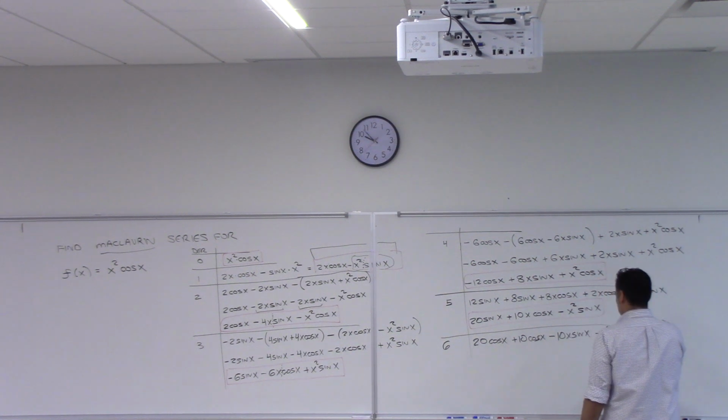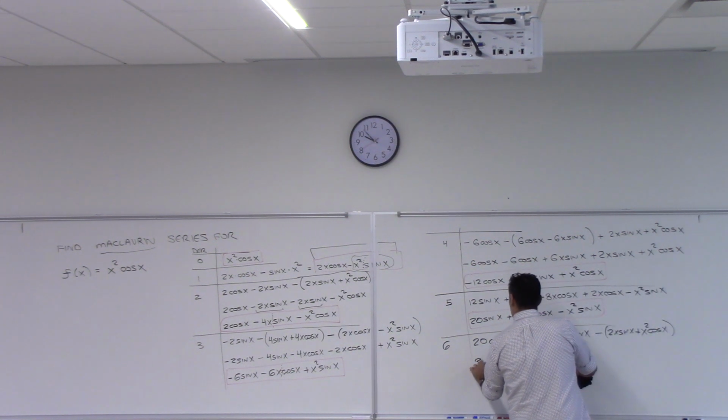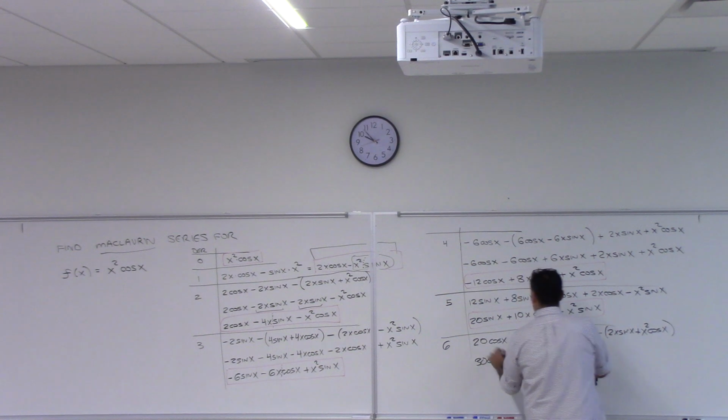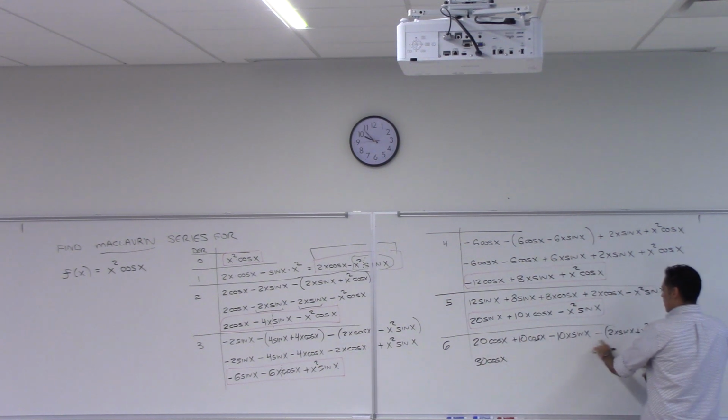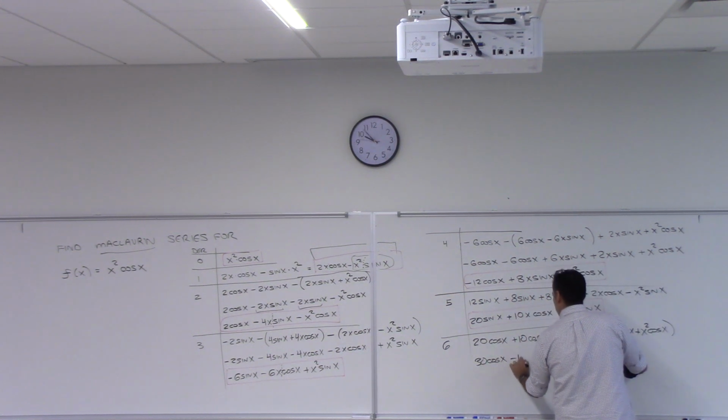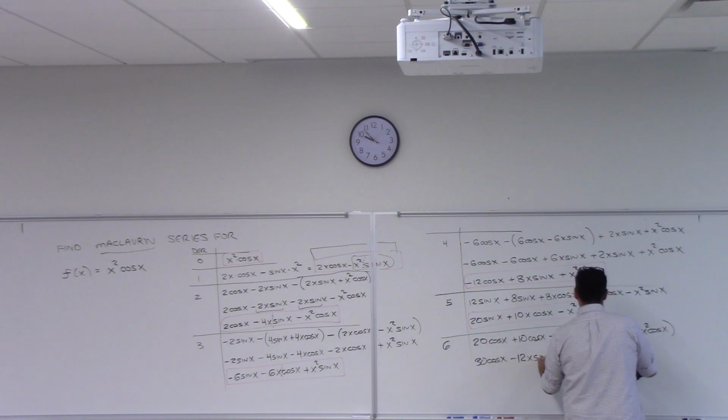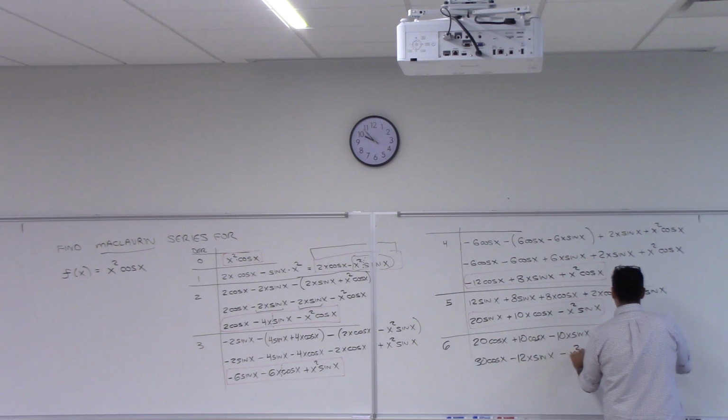Cleaning up, I'm going to have 30 cosine x, that's those two together, minus 10 of these, minus 2 of these, so minus 12x sine x, and then minus x squared cosine x.